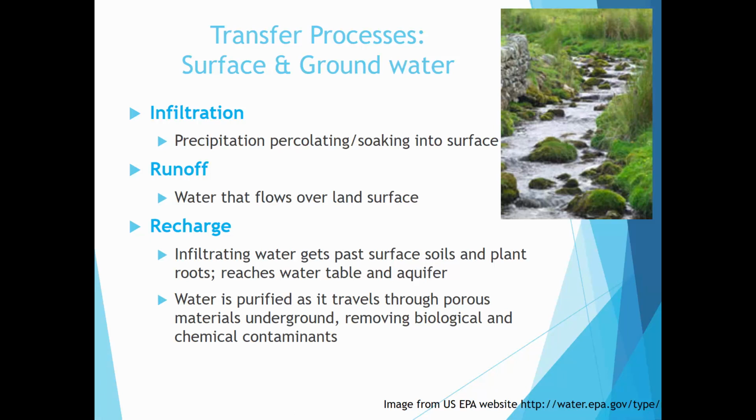And then when it does rain, that water initially doesn't infiltrate very well, and so it just runs over the land surface until that concrete gets soft, and then water can infiltrate in. So runoff is any water that's flowing over the land surface. That can just be water flowing over a surface, or it can be water flowing down a stream bed. That would also be runoff. So it's water moving around on the surface of the land.